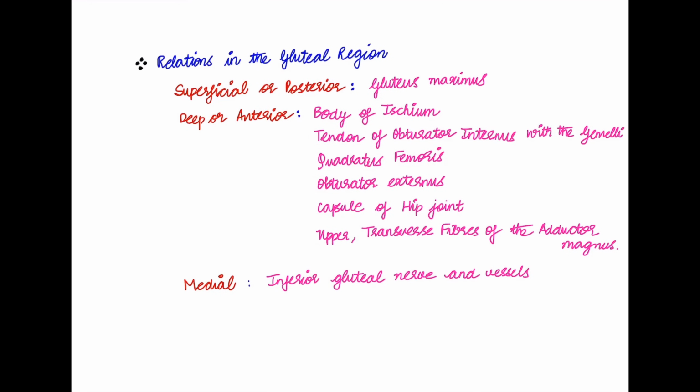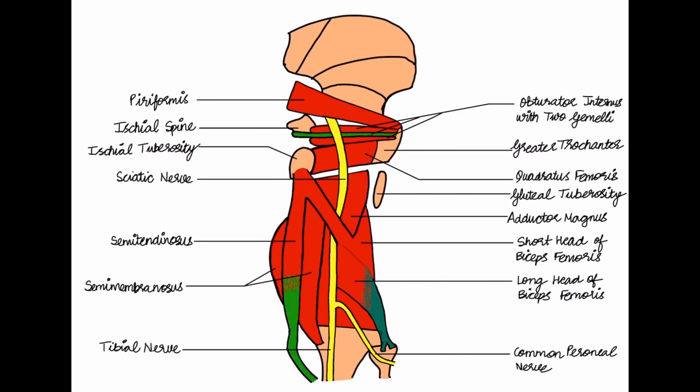It is pretty obvious that we have gluteus maximus superficially and then deep to it we have the body of ischium, the tendon of obturator internus with the two gemelli, that is the superior gemelli and the inferior gemelli, and the quadratus femoris and the obturator externus and then adductor magnus. So these are the relations in the gluteal region, that is deep to it, that is anterior, and medially we have the inferior gluteal nerve and inferior gluteal vessels.